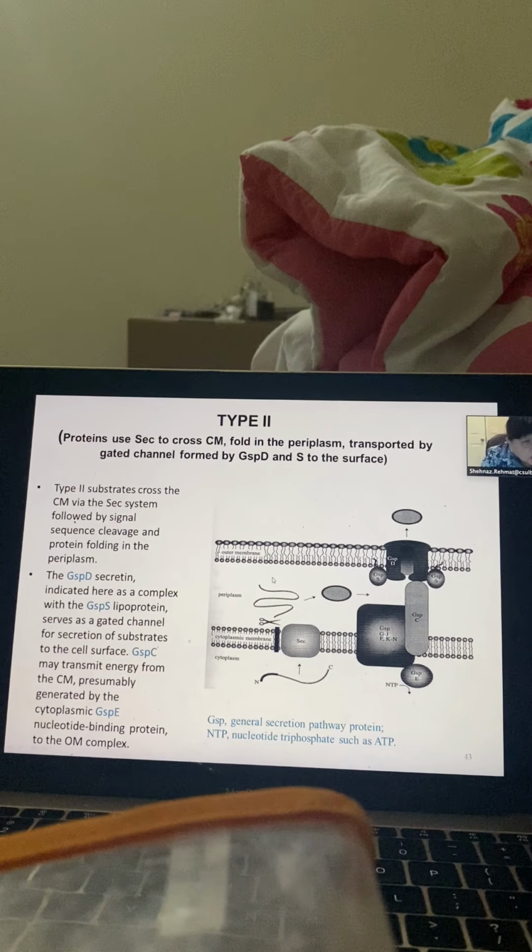Talking about the second one, which is your type 2. Type 2 uses SEC, again, the secretory system, the general secretory pathway, to cross the cytoplasmic membrane, and then folds in the periplasmic space. But then after that, the folded protein goes through the outer membrane system, which is the GSP-D and S system.